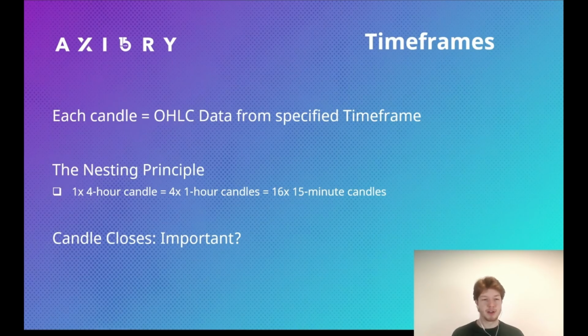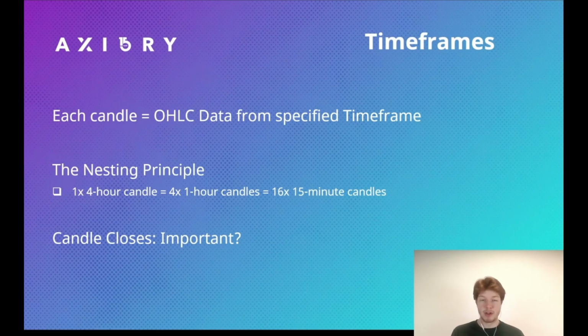Additionally, we also have something called the nesting principle. Here it might help to think about Matryoshka dolls, the small tiny dolls that fit within bigger ones. Things are the same way here. You could look at one 4-hour candle and you will know the open, high, low, and close, the OHLC, for that 4-hour period.